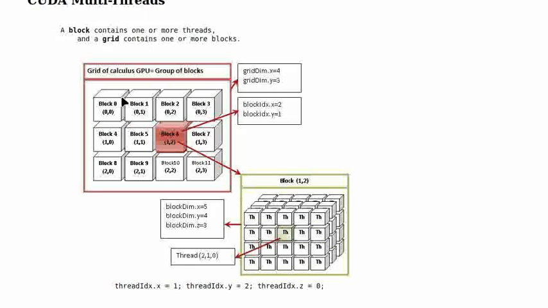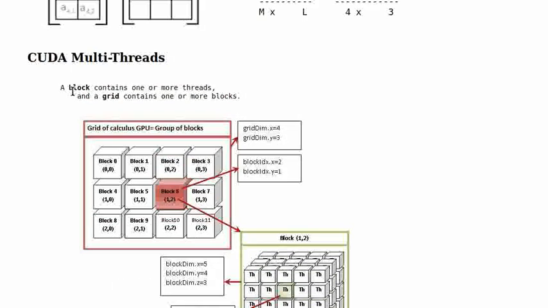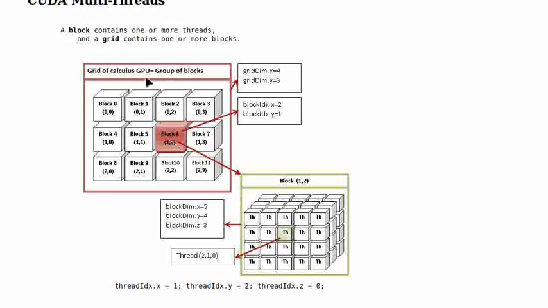In CUDA, a block contains one or more threads, and a grid contains one or more blocks, as shown in this diagram, which we discussed last time also. So this is a grid that contains a group of blocks, block 00, block 01, block 02, block 03. The x dimension of this grid is 4. The y dimension of this grid is 3.